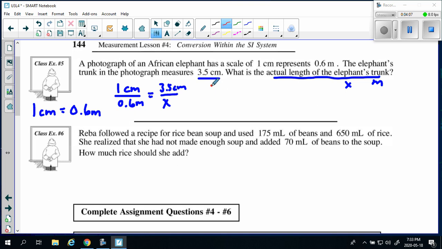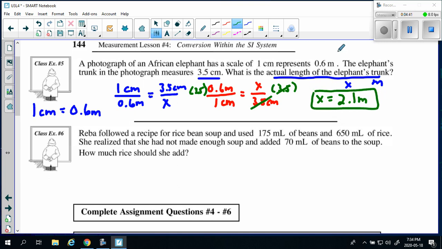I would do 0.6 meters in the top over 1 centimeter, the proportion they've given me, equal to x over 3.5 centimeters. So my centimeters are in the bottom, meters in the top. To isolate for x, I'm going to multiply both sides by 3.5. So x is equal to 0.6 times 3.5, and x is 2.1 meters.